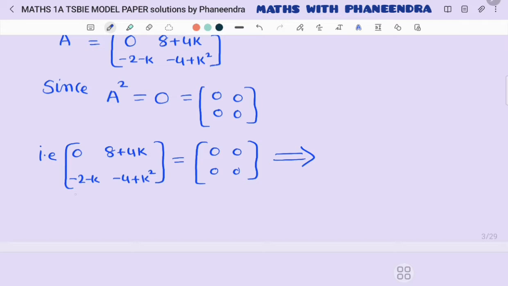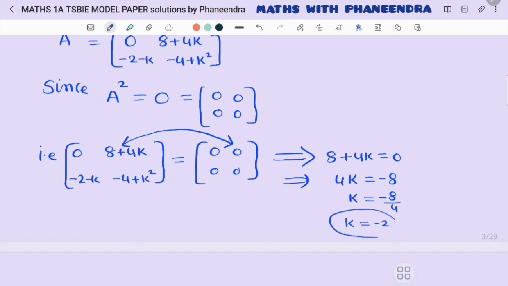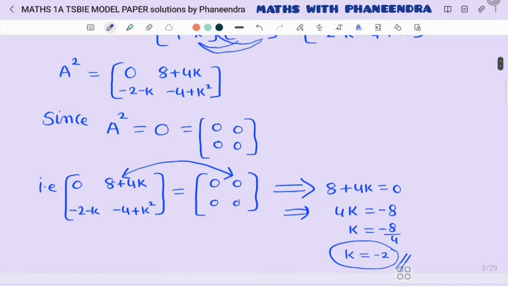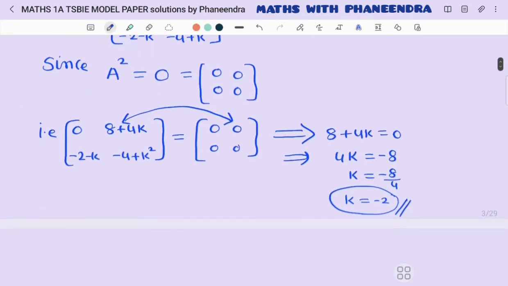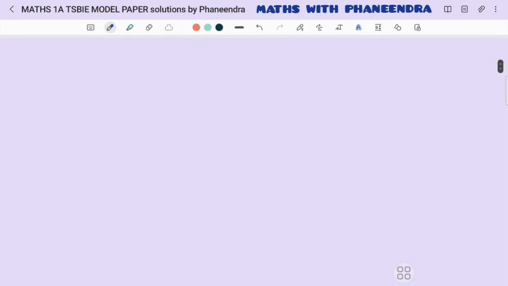If two matrices are equal, their corresponding elements are equal. Any one of them we can use, it is not compulsory to do all. So 8 plus 4k is equal to 0, that implies 4k is equal to minus 8, k is equal to minus 8 by 4. So k is equal to minus 2. That's all. I hope everyone understands, students. This question is very important, we may expect this type of question in the coming exams.